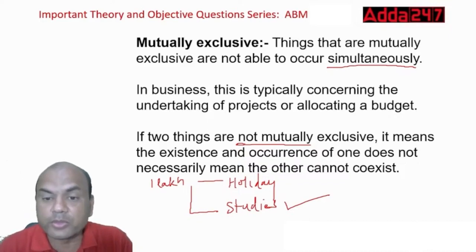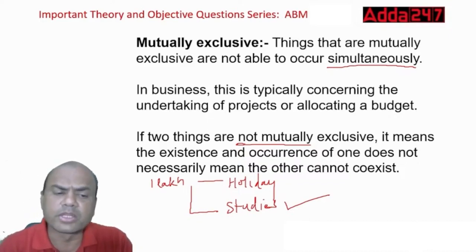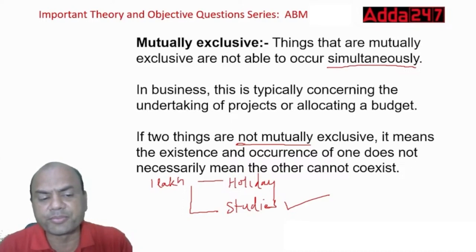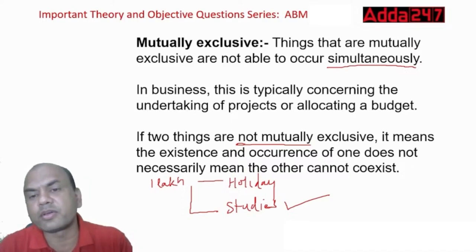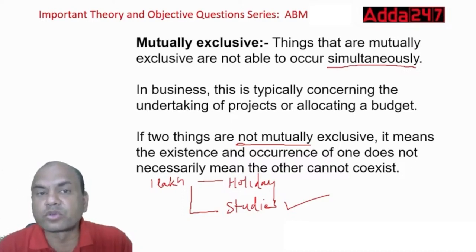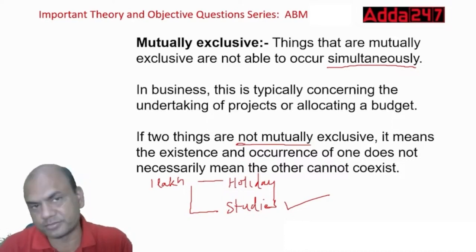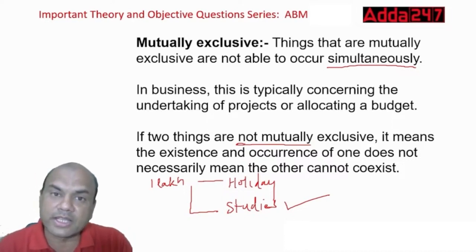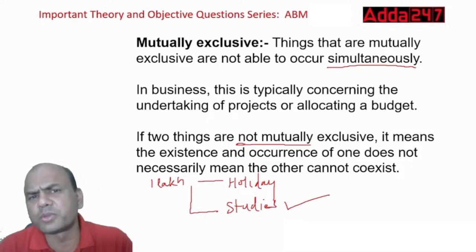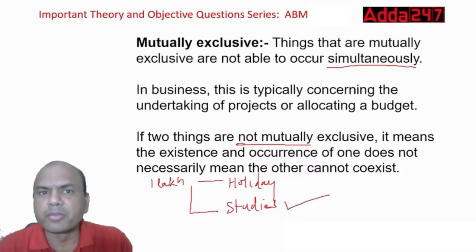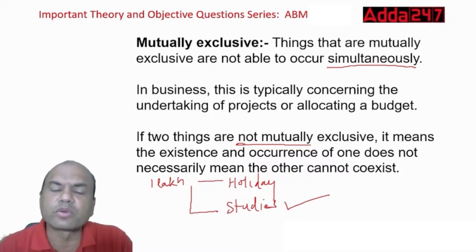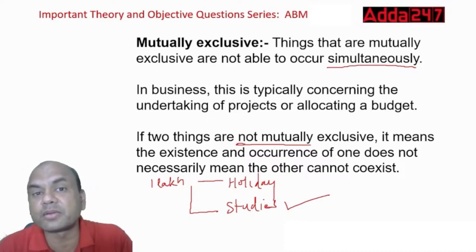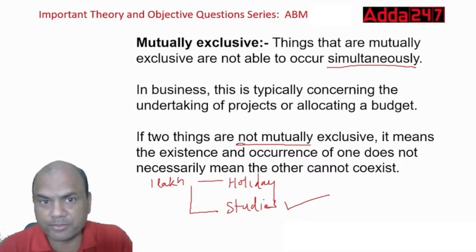But if they are not mutually exclusive, both the things can coexist at the same time. Scoring a first class and passing, both are not mutually exclusive, because I can pass as well as score in the first class, but passing and failing are mutually exclusive. Simple, got it?